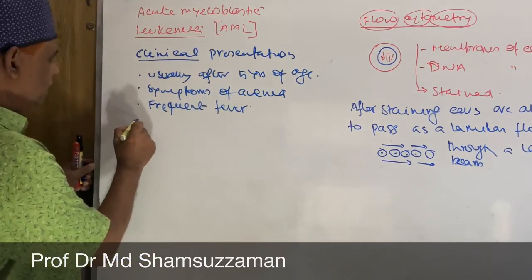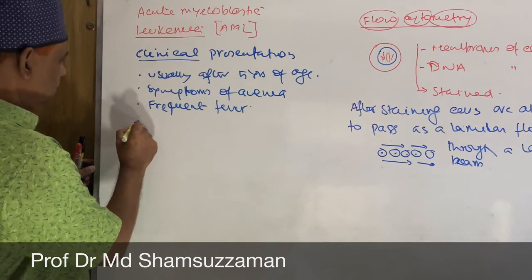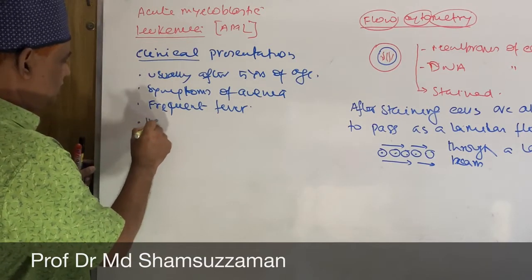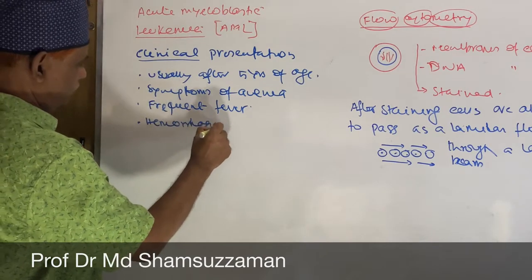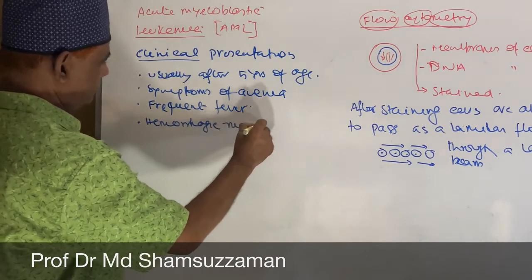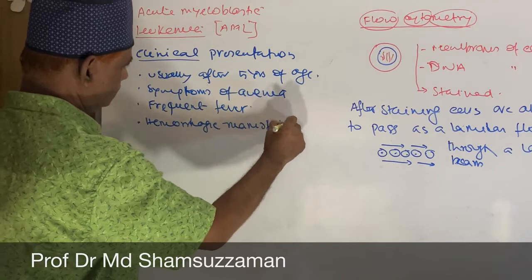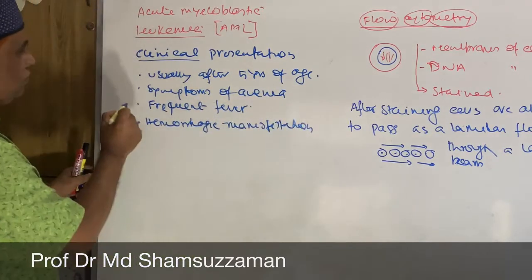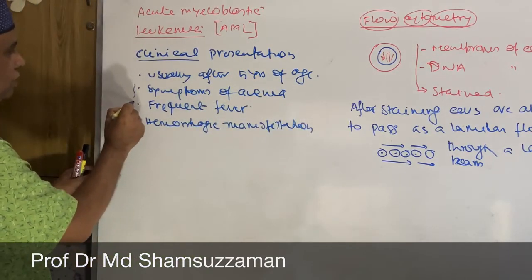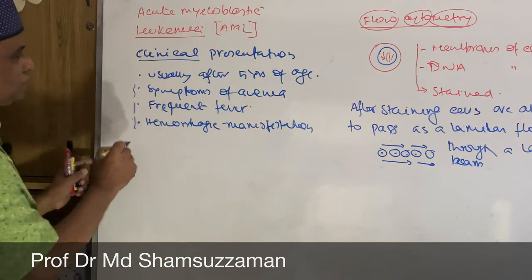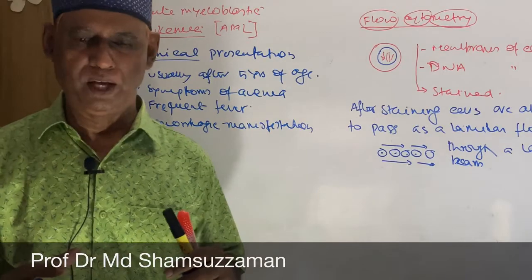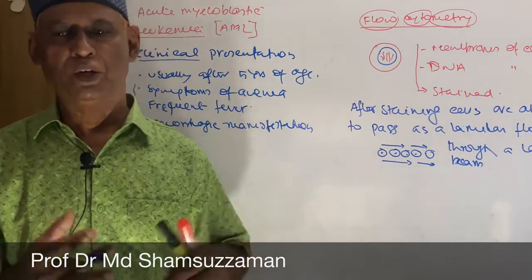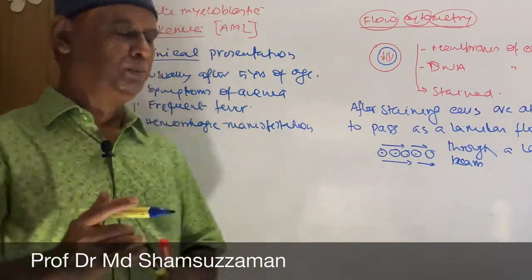Then there will be hemorrhagic manifestations. Dear audience, the symptoms of anemia, frequent fever, hemorrhagic manifestations, why do these occur in acute myeloblastic leukemia? Explanation is like that of acute lymphoblastic leukemia.